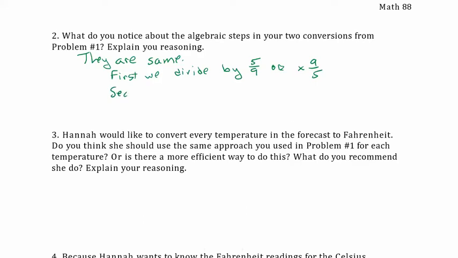And second, we added 32 to both sides. And when I say both sides, we mean both sides of the equal sign. And we could be specific up here that we did that to both sides of the equal sign. Or maybe on both sides of the equal sign. That's probably a better way to say it. We added 32 on both sides of the equal sign.